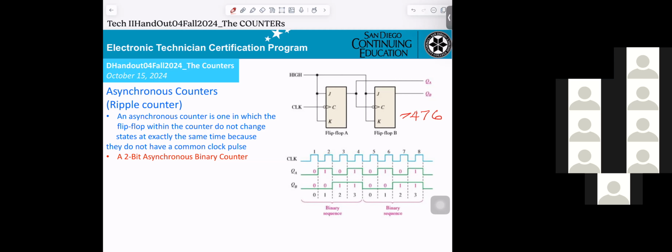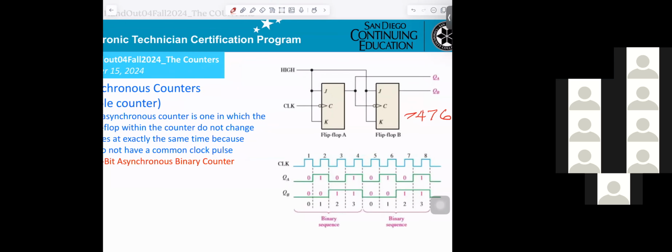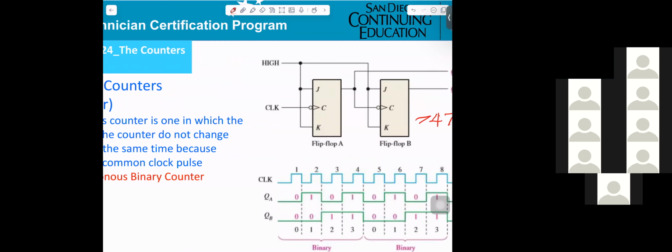D flip-flop is 74, 74. JK is 74, 76. Okay. And the clock, you see the bubble. That means the clock is going high to low, one to zero.